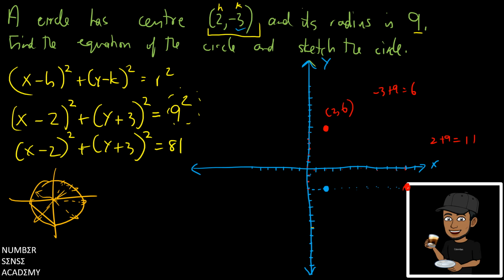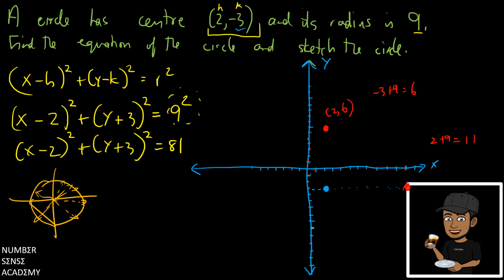If I'm at -3 and I need to go down 9 units in the direction of y, this is going to take me to -12.